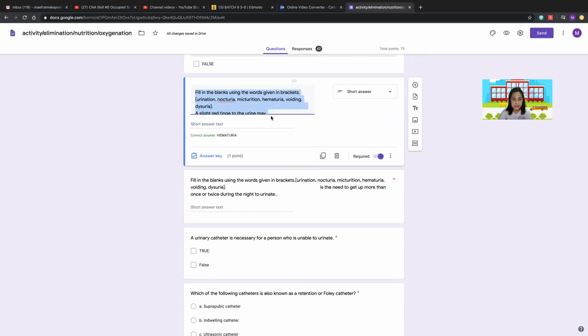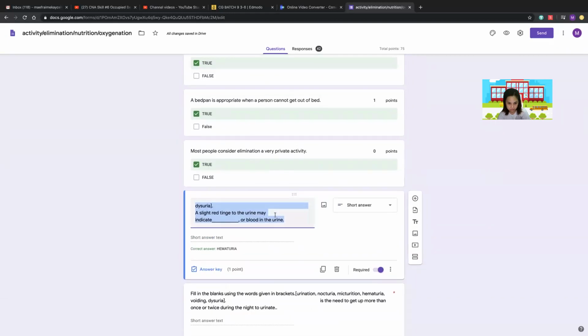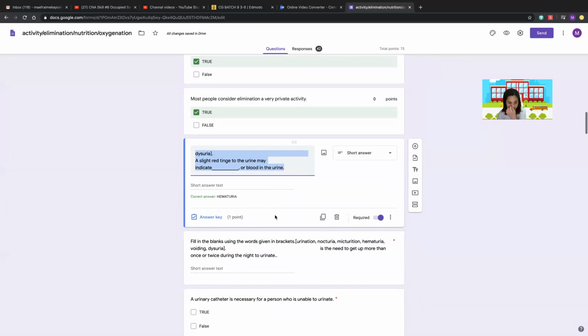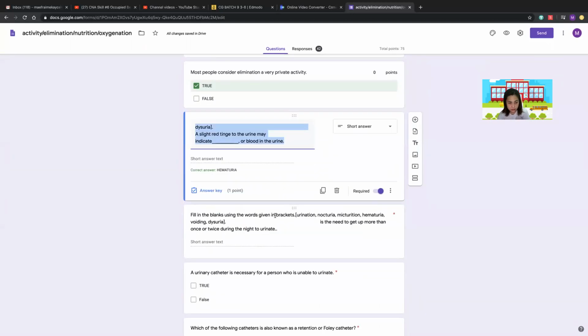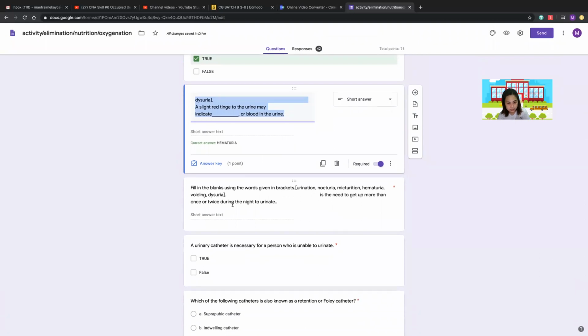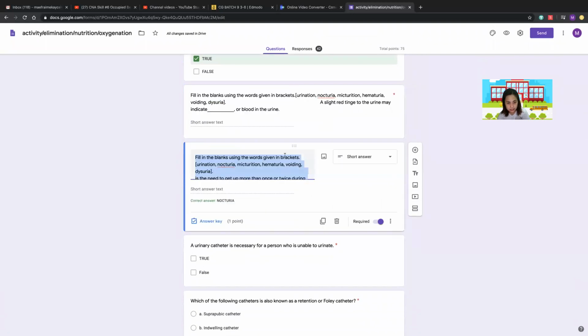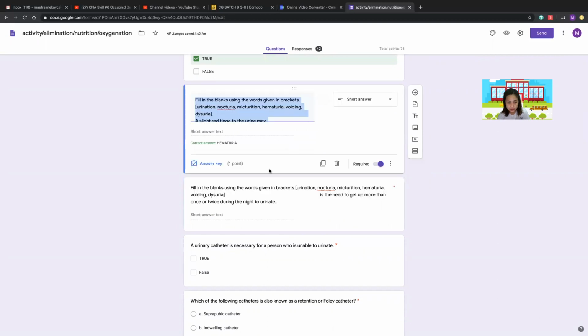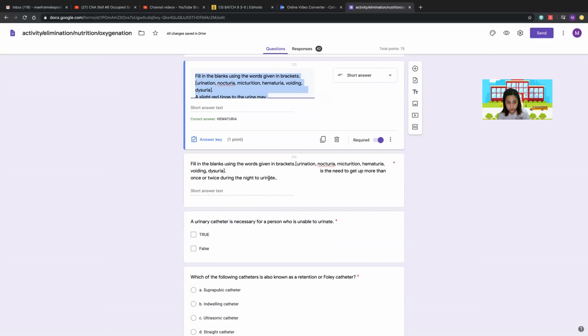A slight red tinge to the urine is called hematuria. The need to get up more than once during the night: the keyword is night, so that is nocturia, because nocturia is urinating frequently during nighttime.